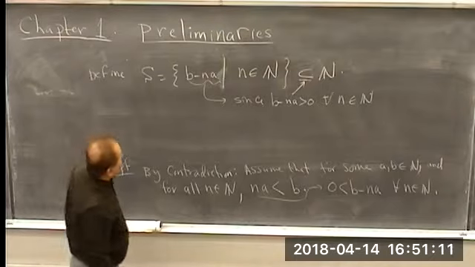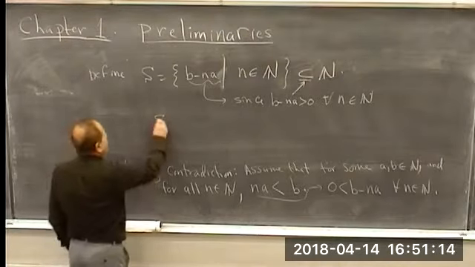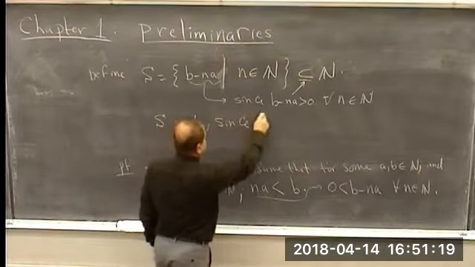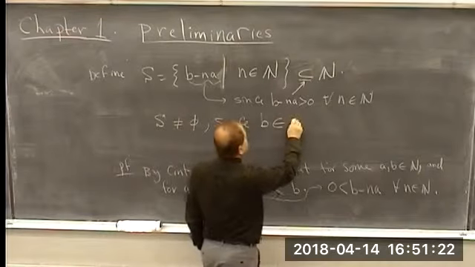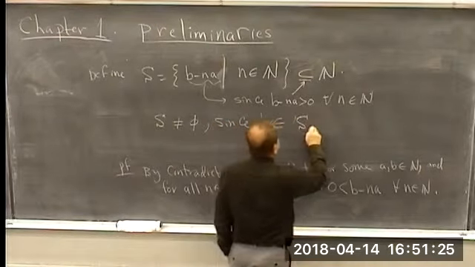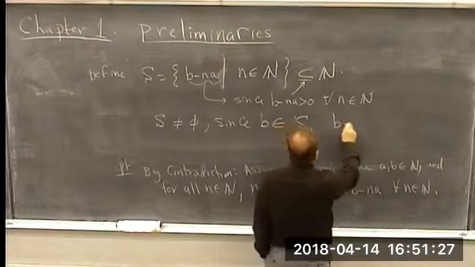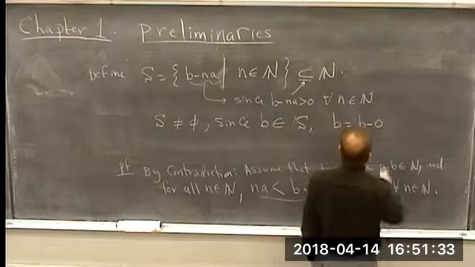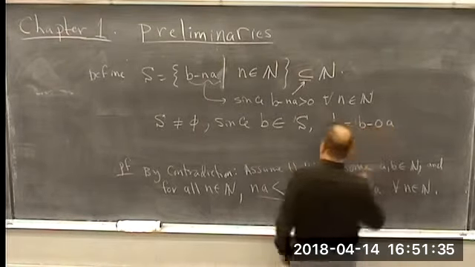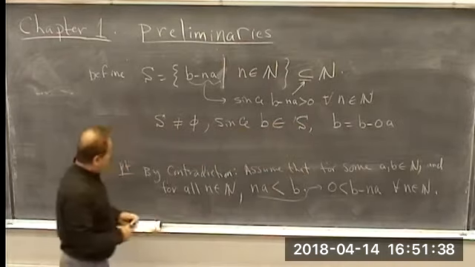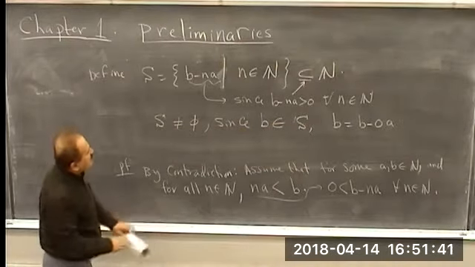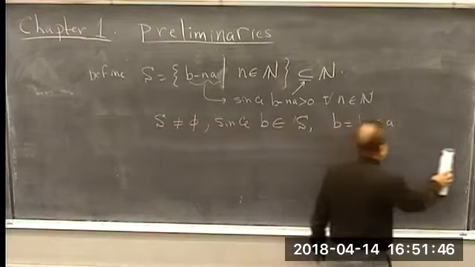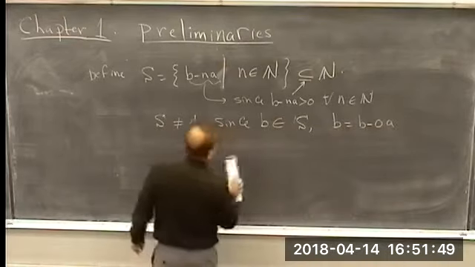Now we need to see that this is not empty. Okay? S is not empty since B belongs to the set. In this case, B is equal to B minus 0 times A. Well, in this case, we're assuming the natural numbers, so we put in a 1 here.